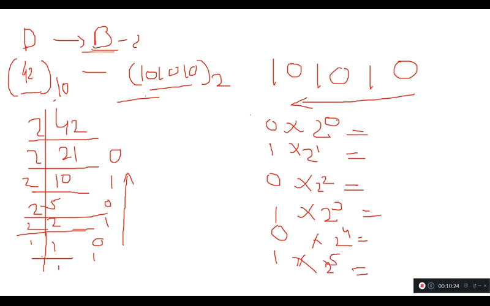Now we will multiply this. 2 raised to 0 is 1, multiplied by 0, that means 0. 2 raised to 1 is 2, 2 times 1 is 2. 2 raised to 2 is 4, 4 multiplied by 0 is 0. 2 raised to 3 is 8, 8 times 1 is 8. 2 raised to 4 is 16, times 0 is 0. 2 raised to 5 is 32, that is 2 times 2 times 2 times 2 times 2, and times 1, so that is 32.